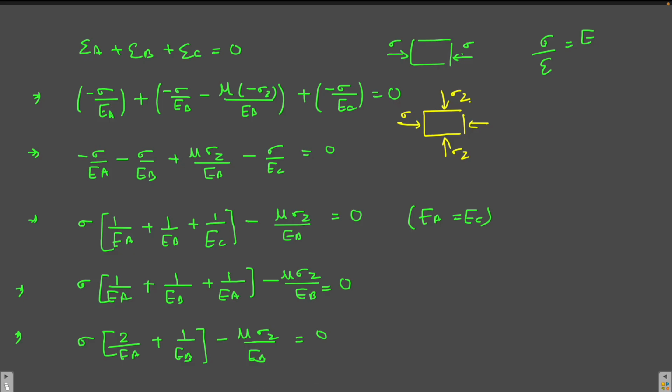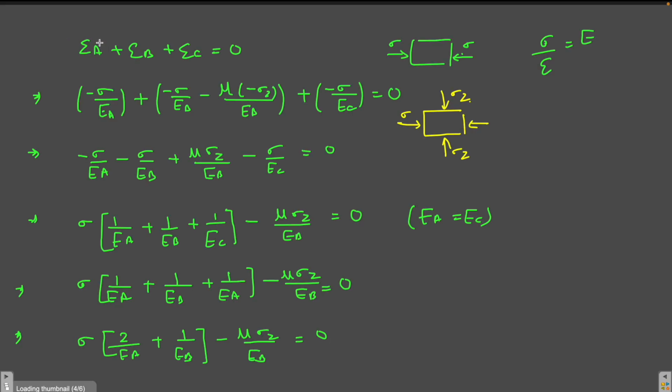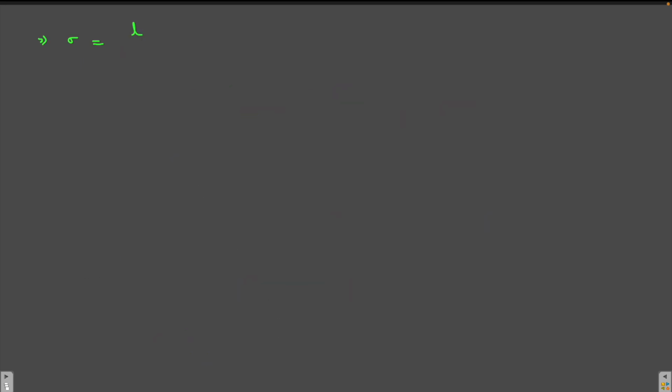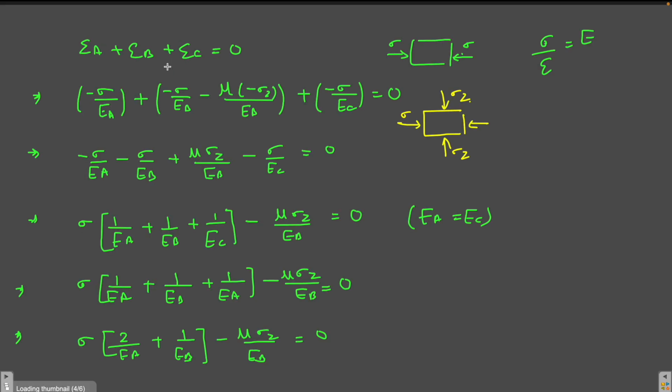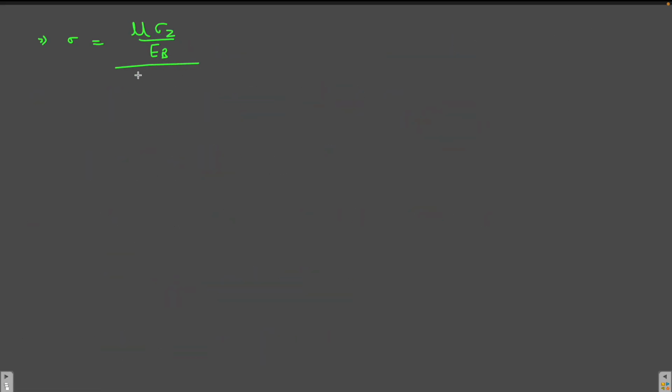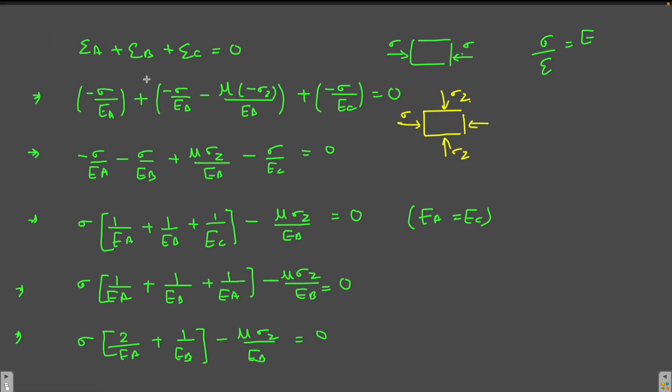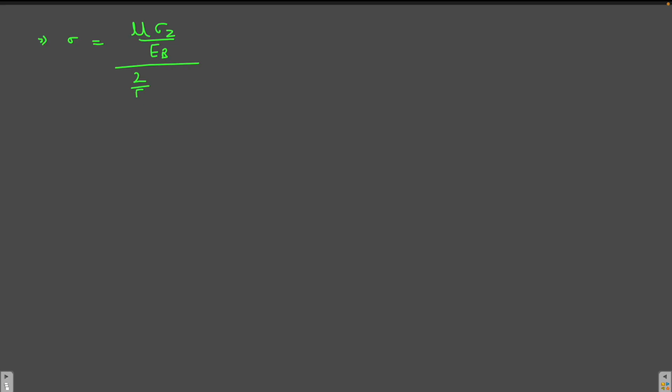So doing that, what we will get, this implies sigma is equal to mu B sigma Z by EB, whole divided by 2 by EA plus 1 by EB, and then we'll get the value of sigma.